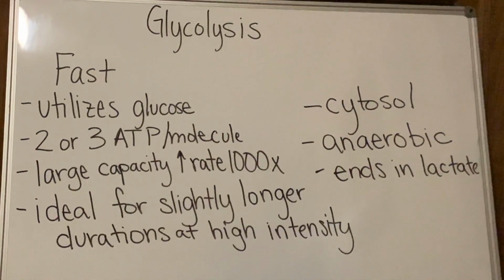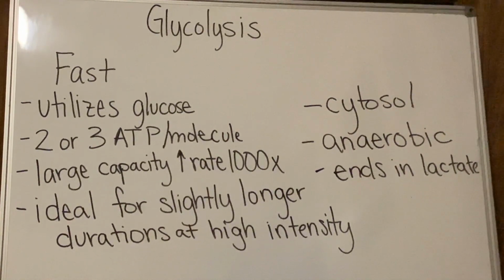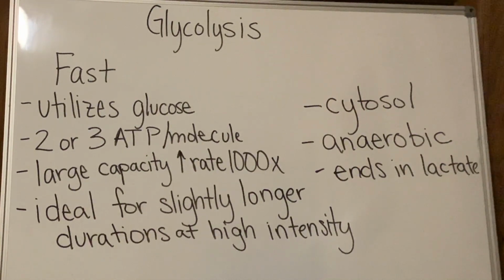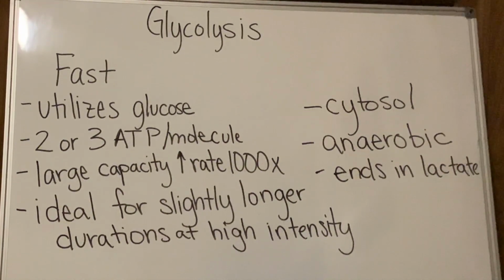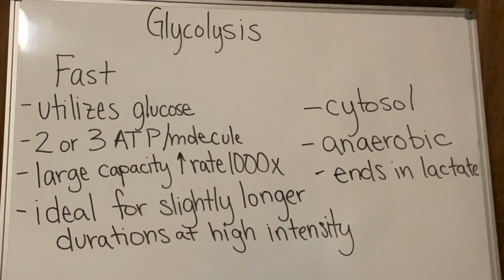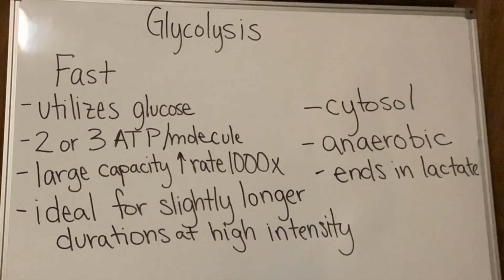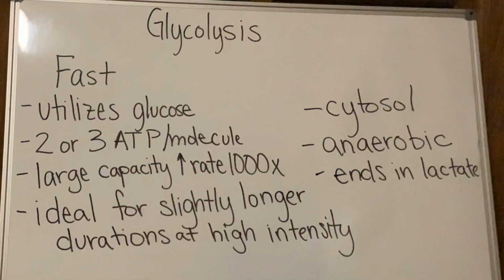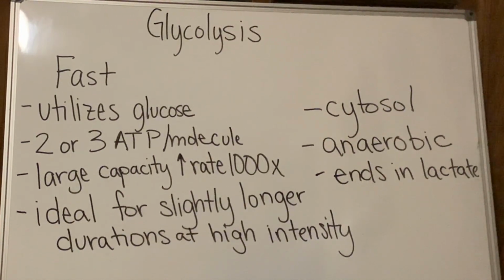If the glucose comes from blood glucose stores, 2 molecules of ATP are formed for every molecule of glucose. Fast glycolysis has a large capacity and is able to increase its rate of ATP production at least 1,000 times. It's ideal for slightly longer durations at high intensity compared to the creatine phosphate system.